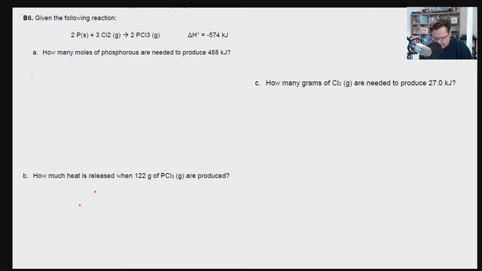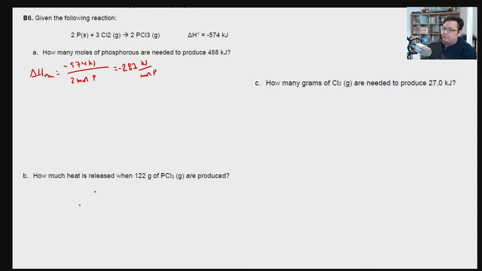So delta H of this reaction is negative 574 kilojoules divided by 2 moles of phosphorus, which is negative 287 kilojoules per mole of phosphorus.